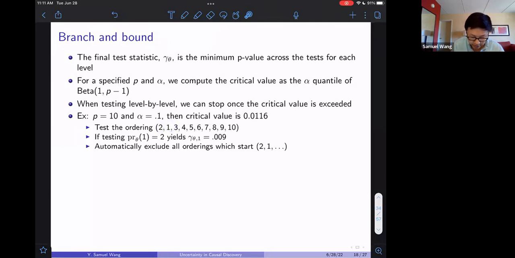Say on this first test, I get a p-value of 0.009. So I know I've already exceeded the critical value, and I can reject this ordering without going down the rest of the way. Not only that, I can automatically exclude all orderings which start with 2, 1, and then anything else. This allows me to rule out a lot of orderings without doing the full computation.